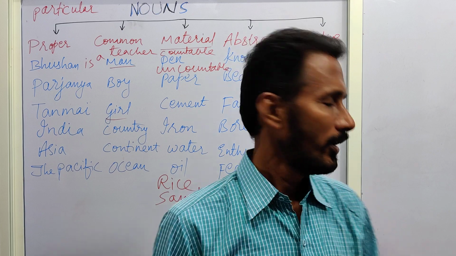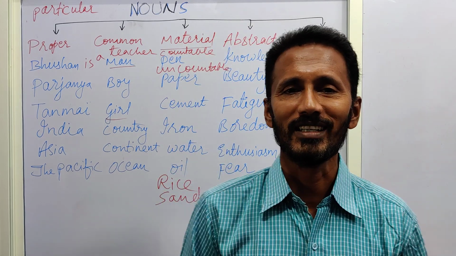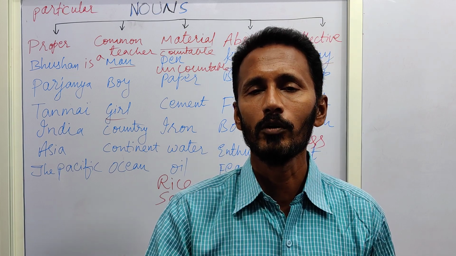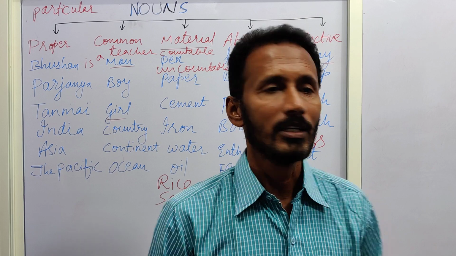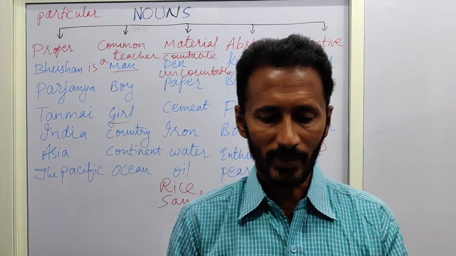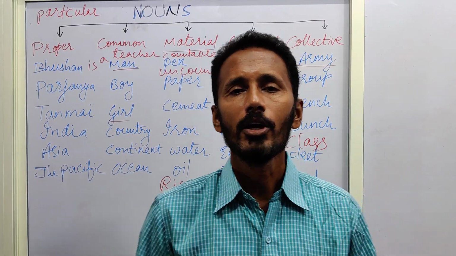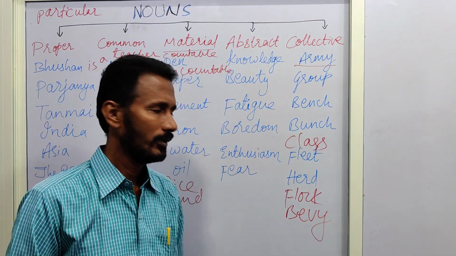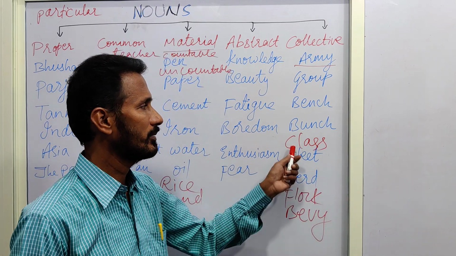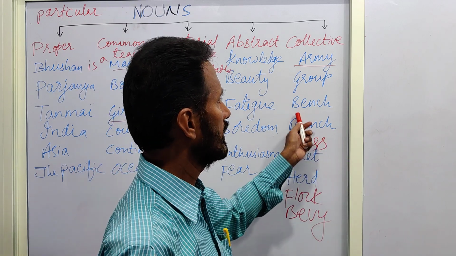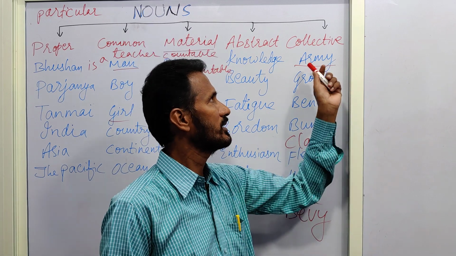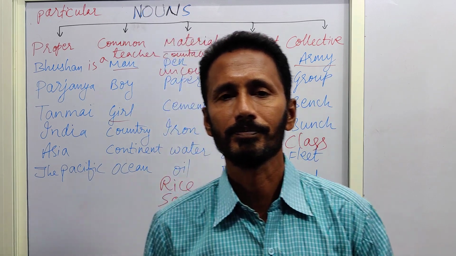Then can we say a flock of ladies? We shouldn't. The word flock must be used as a collective noun only for sheep. So we have to say a bevy of women, meaning a group of women. This word must be used only in that context. A flock of sheep, a herd of cattle, a fleet of ships, a class of students, a bunch of keys, a bench of students, a bench of judges, a group of students, a group of teachers, an army of soldiers.